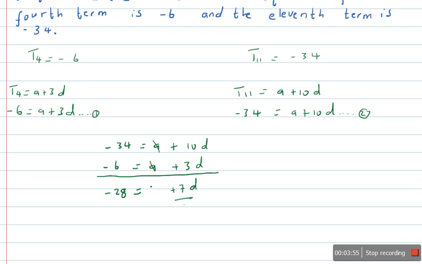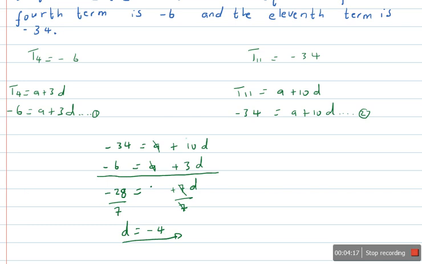And then I divide both sides by 7. This cancels with that, and on my side it will be negative 4. So D is negative 4. Now that I have found D, I will substitute it into any equation to get A.